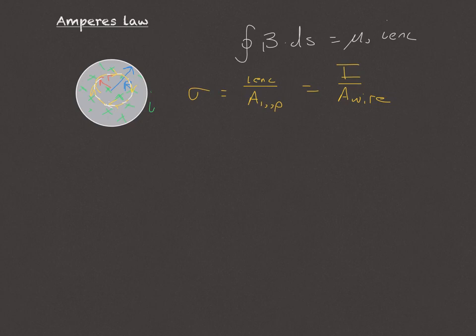So to figure out the I enclosed, we just have to multiply the total current by the ratio of the area of the loop by the area of the wire. So total current must be capital I.